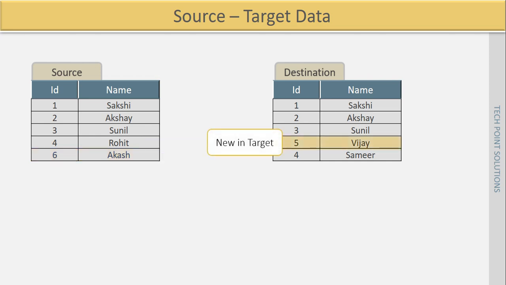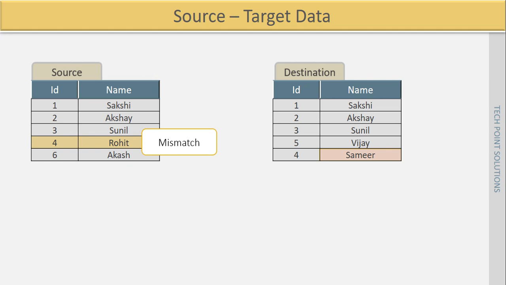Now, look at the ID 5 in destination table which is new in a target and does not exist in a source table. And look at the source table ID 4, their name is Rohit and there is a mismatch value in the destination, that is it is showing as Samir.